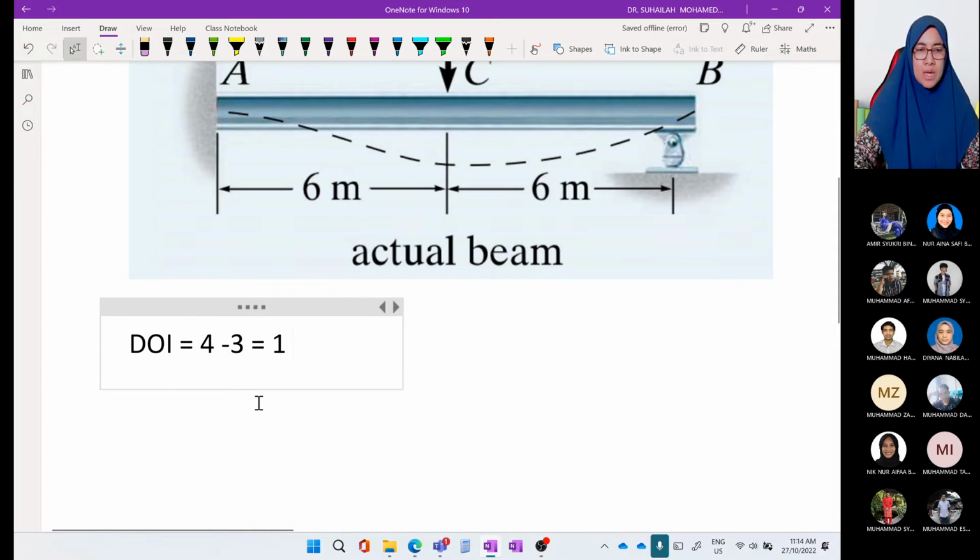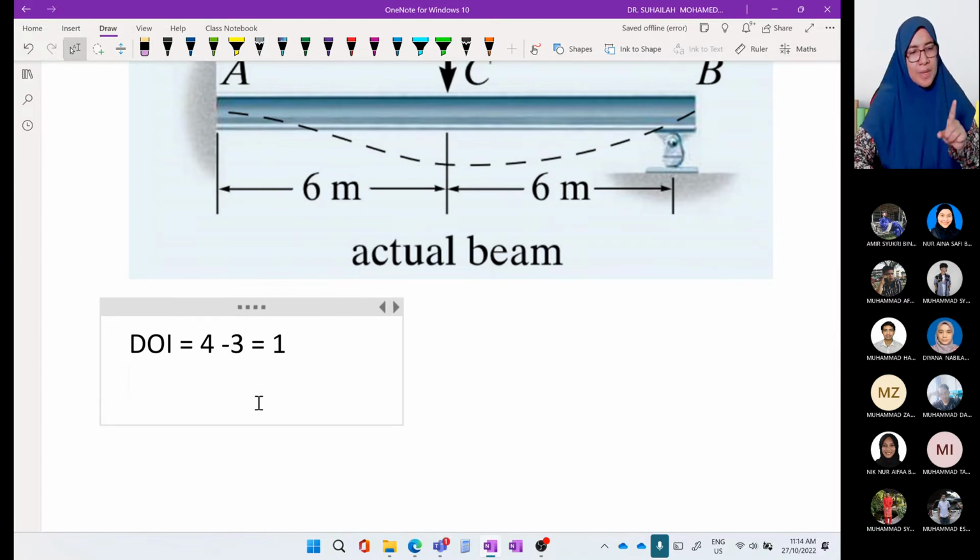So we get 1. This 1 represents the number of redundants in the system, and the redundant is to be removed.